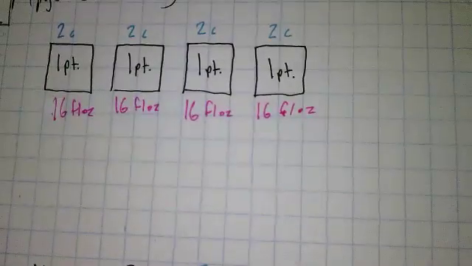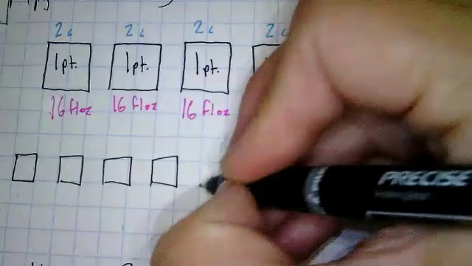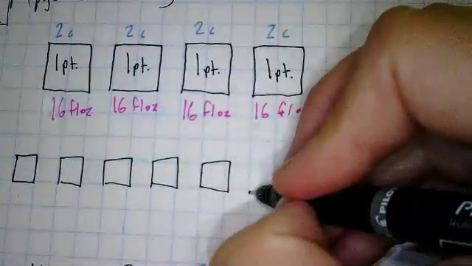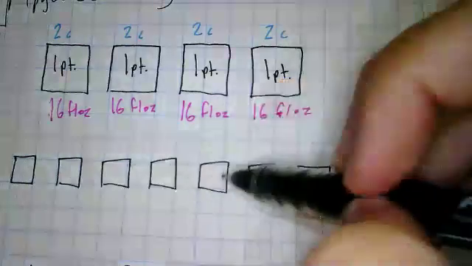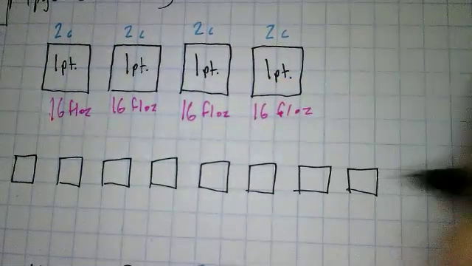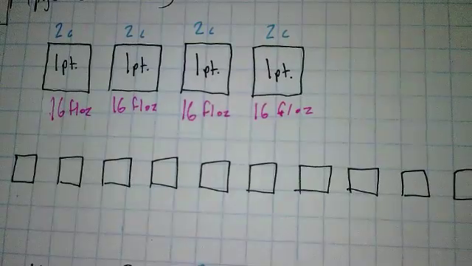So if I want to go back to my picture here, and I guess I should call these glasses, not cups, because cups is one of our measurements, right? 7, 8, 9, 10.